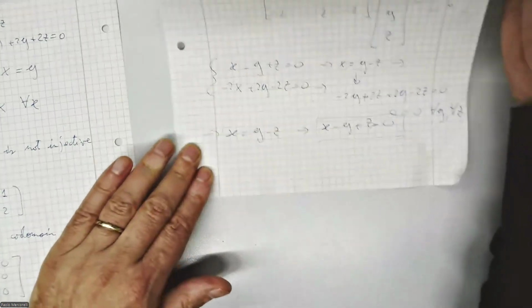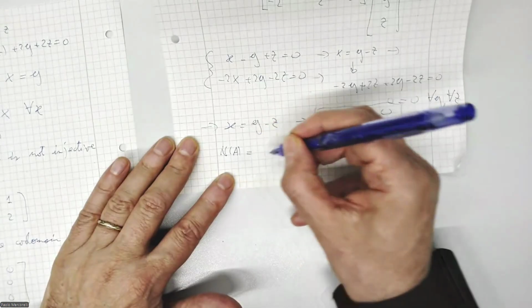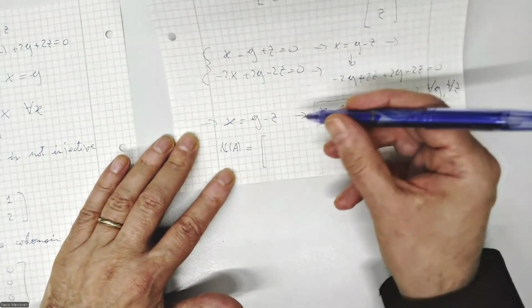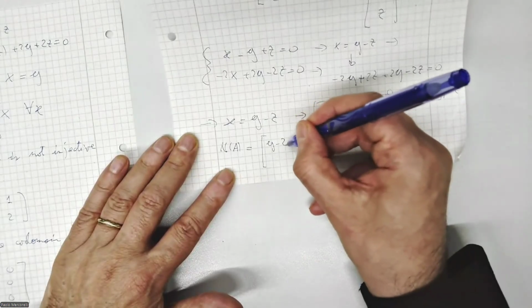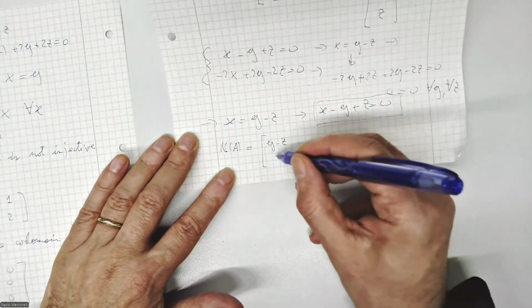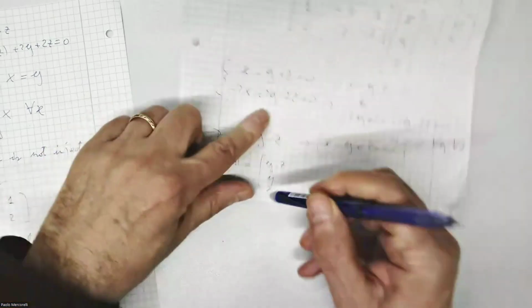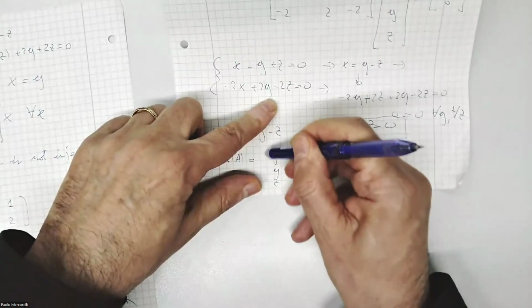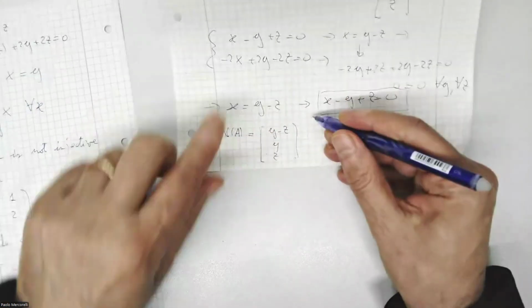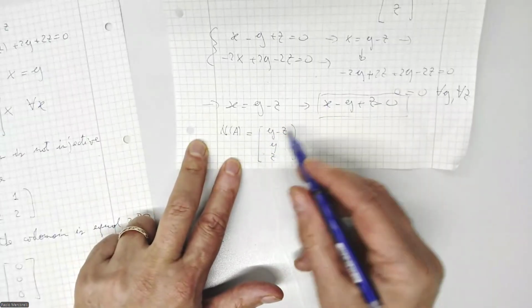But formally, do you remember, we learned also in this form. For each y and z means that I can write the kernel in this quite abstract form.